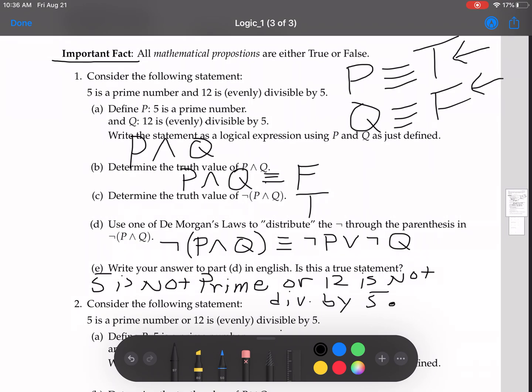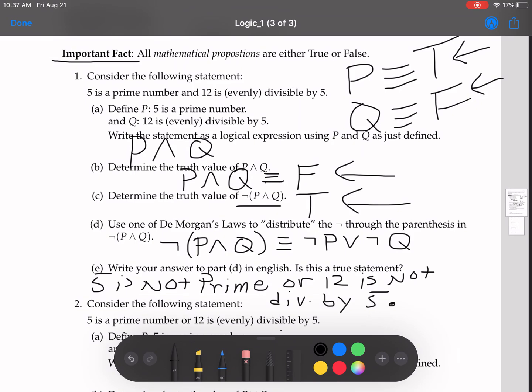So now in part D, De Morgan's law allows you to get a better idea intuitively what you're saying when you say it's not the case that P and Q is true. So what is not P and Q? P and Q right here is false, but we know that not P and Q, this right here, is true.